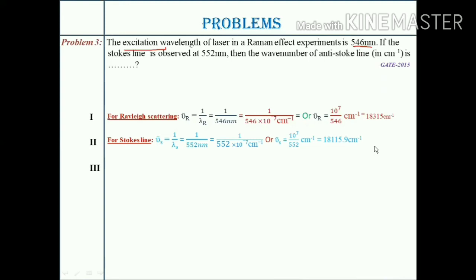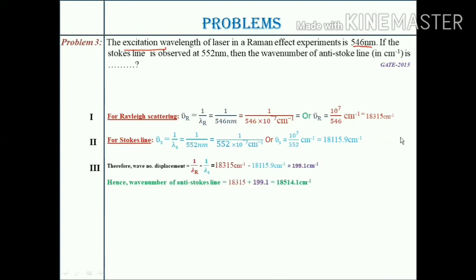Once I know the Rayleigh scattering wave number and the Stokes line wave number, can I calculate the difference between the two? Or let's say, can I calculate the Raman shift in this particular experiment? Yes, definitely I can, by the difference between the two values.